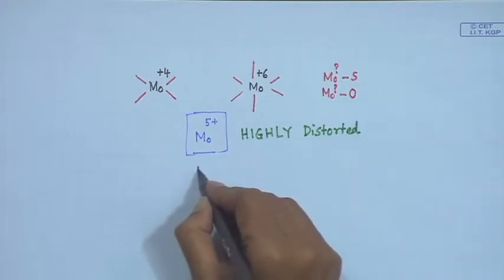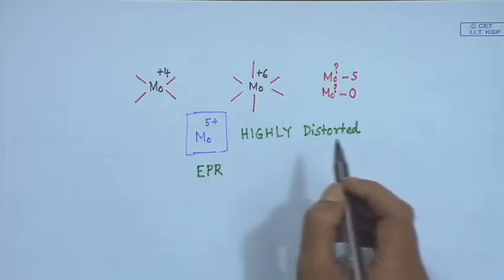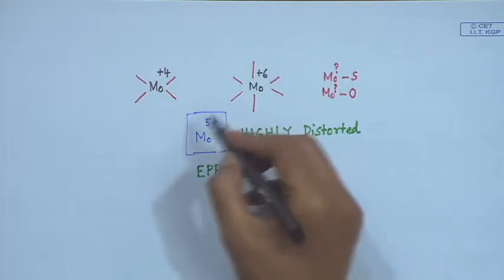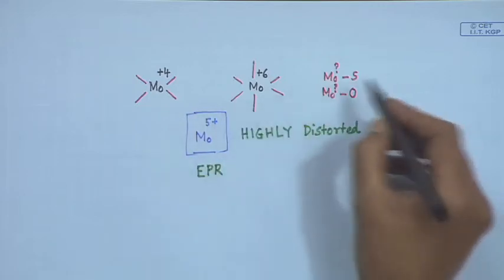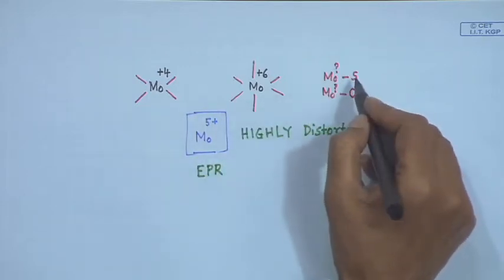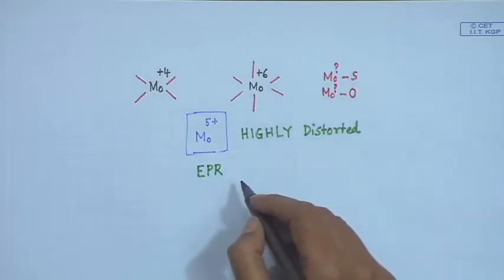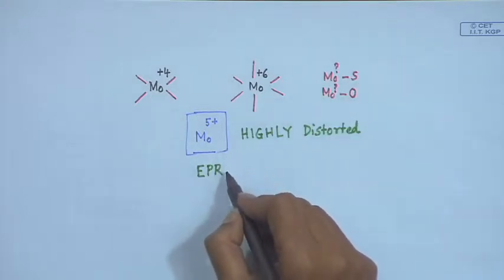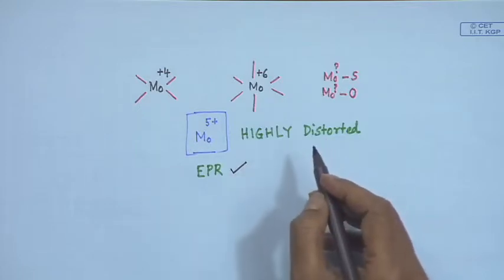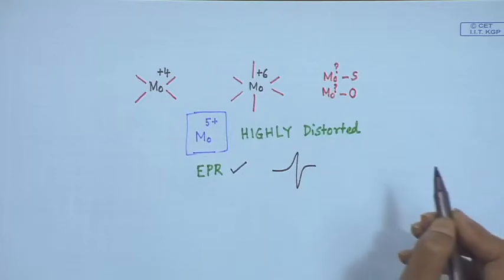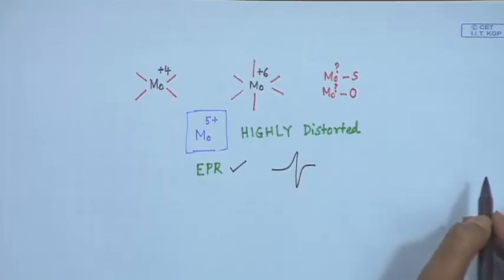And to find this particular geometry by knowing the corresponding EPR spectrum is difficult, because we can synthesize in the laboratory a large number of molybdenum compounds having closely related coordination environments with oxygen and sulfur donor atoms, and those compounds can be studied by the EPR technique, and we get the corresponding spectrum for each synthesized compound.